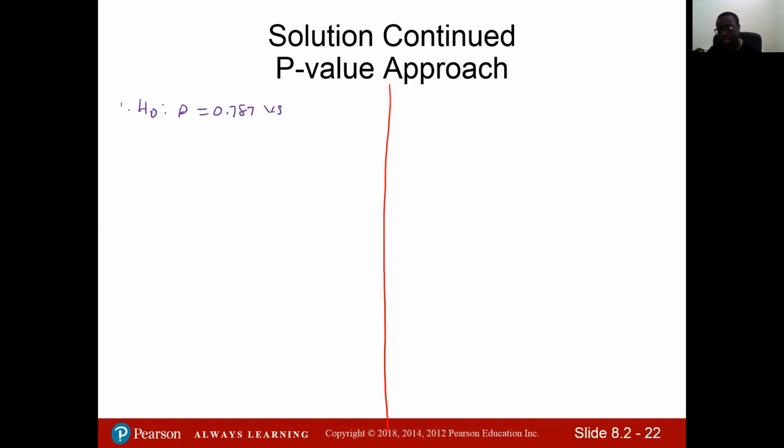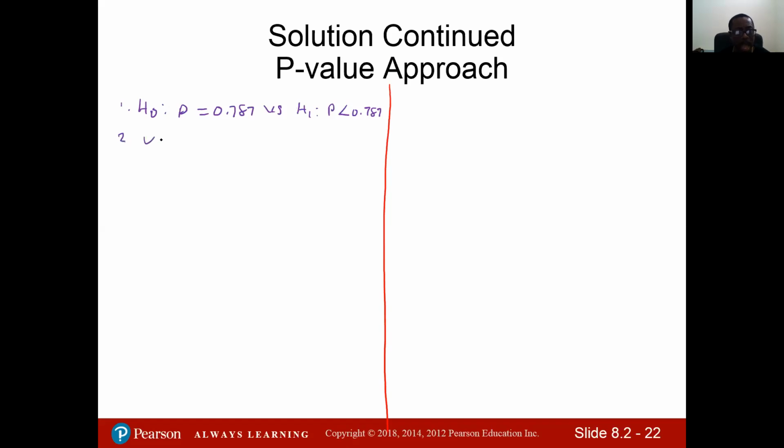That means that 37 of them from that ethnicity is actually less than 50%, so it is biased against it. That's why it's a left tail. So H1 is that the probability P is less than 0.787. That's step one.